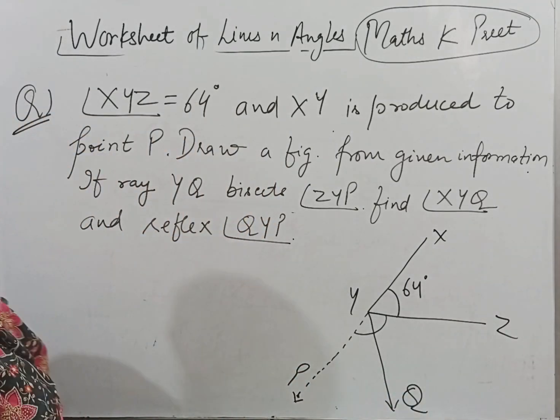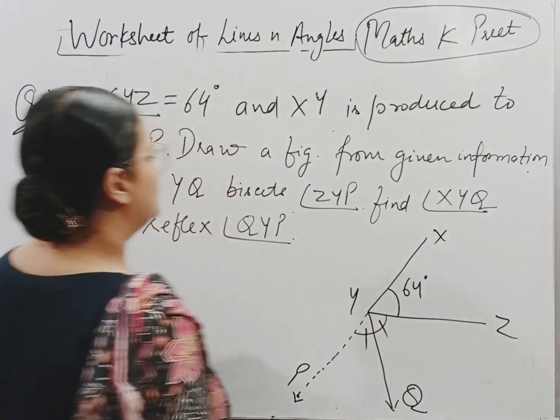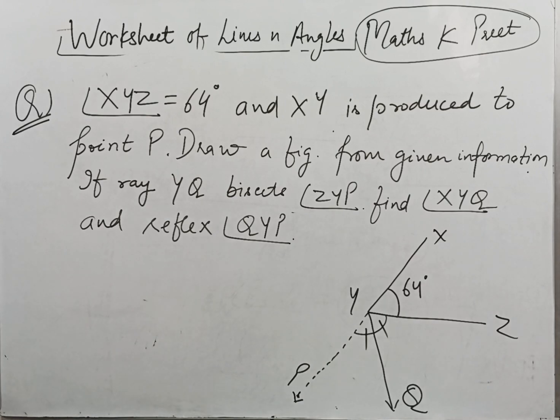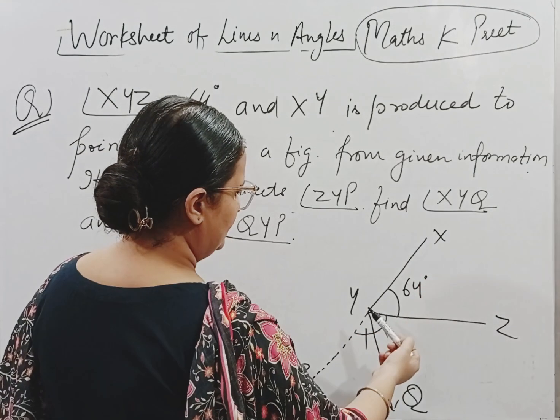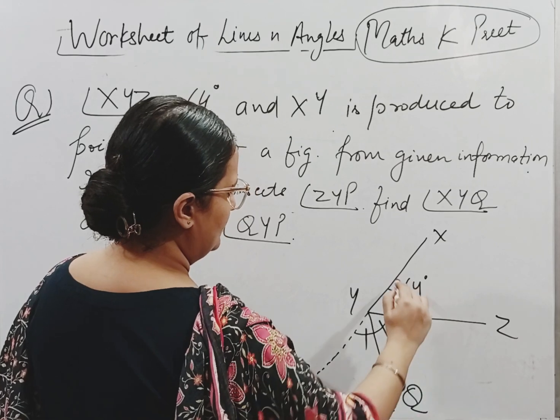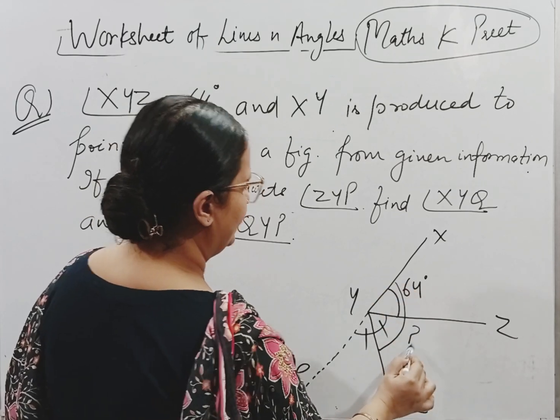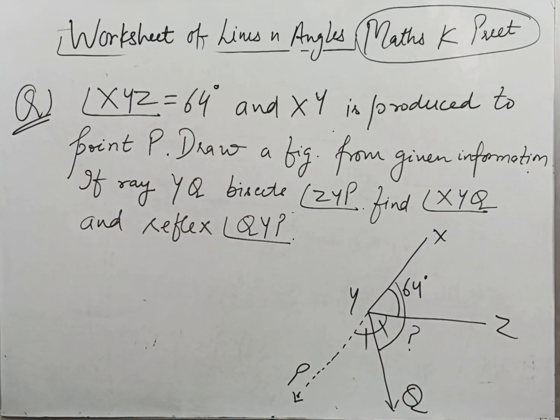This is my Q. So bisect means this angle is equal to this angle. Find XYQ. We have to find this angle XYQ, the whole measurement, and reflex of QYP. We'll see this further. First let's find XYQ.